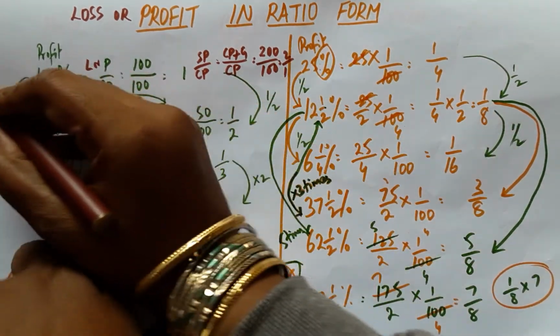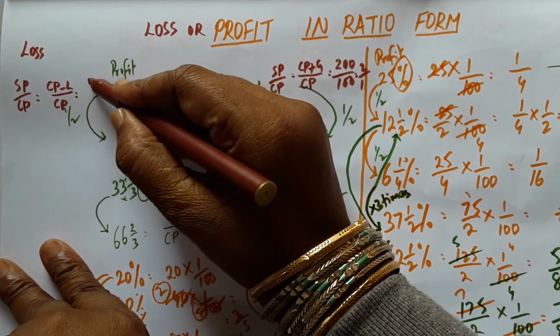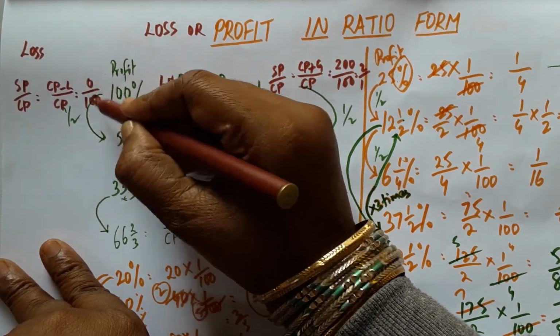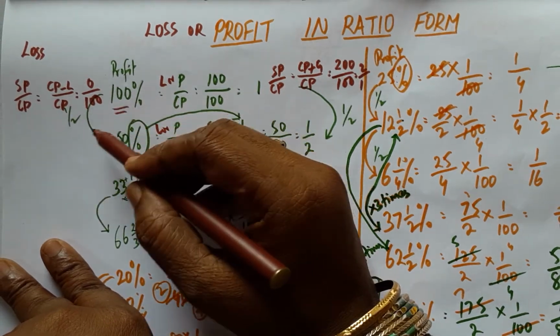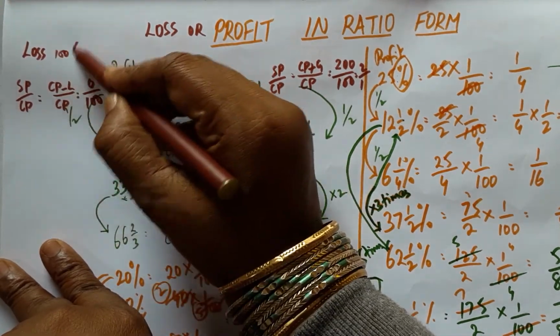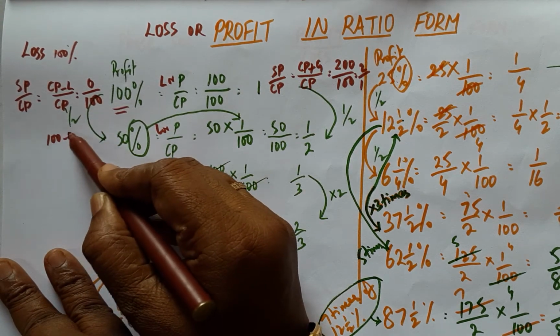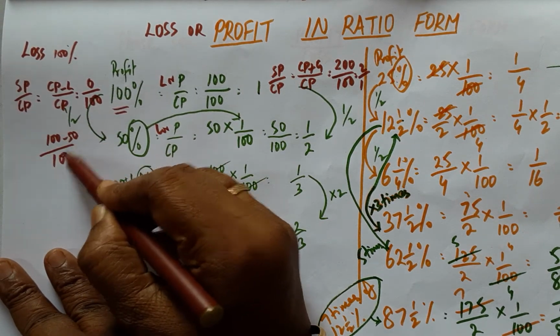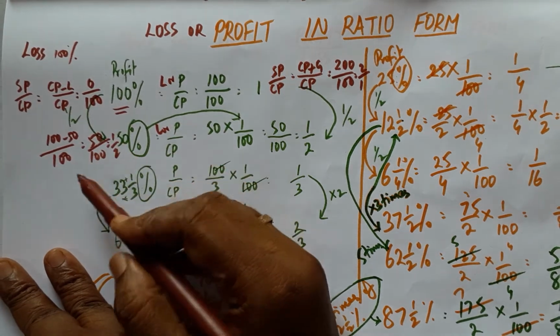And if it is loss, then if it is 100% loss, he has sold the item freely. And if it is 50% loss, it is 100 minus 50 by 100, which is 50 by 100, and it is half.